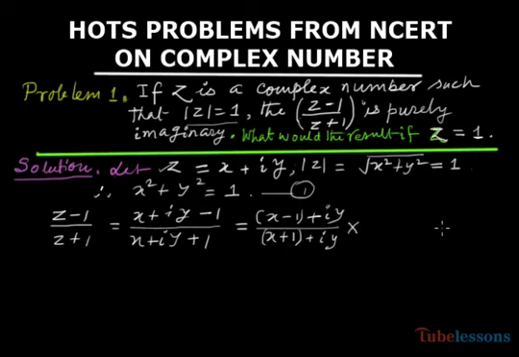Now we'll simplify by multiplying this by the conjugate, that is x plus 1 minus iy, in numerator and denominator.